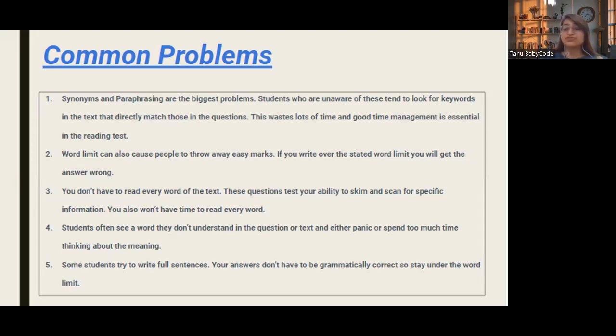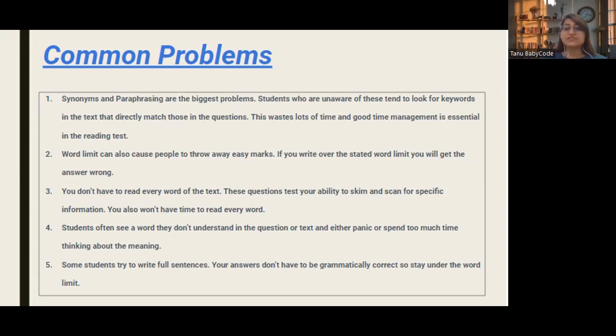If they ask you to write 1 word or 2 words, you have to write your answer within that limit. You cannot extend your answer. If you write over the stated word limit, you will get your answer as incorrect and there will be no marks for the same.